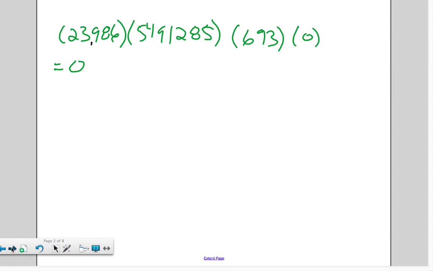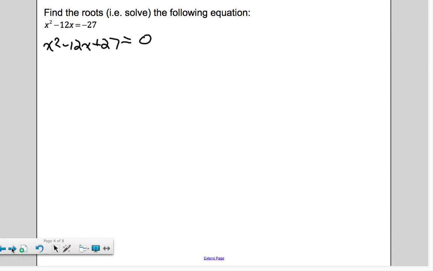So we want to factor this. If we can factor this, get a bunch of things multiplied together, then that'll give us a 0. So what's our product here? We have an implicit 1 times 27 gives us 27.